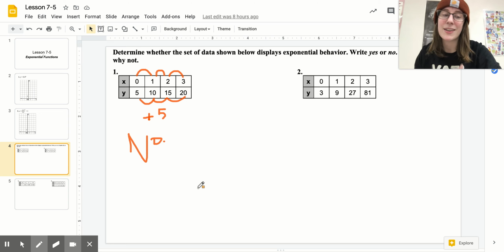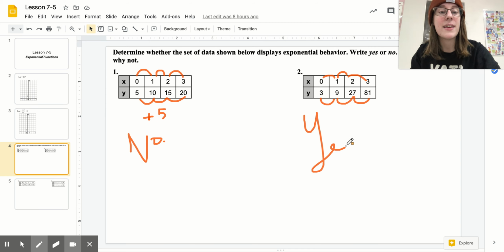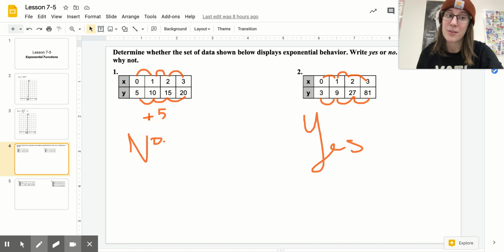I'm going to let you write that down. I'm not writing it because writing with my mouse is not easy. Here we're adding 1. That's fine. But when you check it out here, you go from 3 to 9, 9 to 27, 27 to 81. So it's getting big super fast. So you would say yes. And this is actually, 3 squared is 9, 3 to the power 3 is 27.